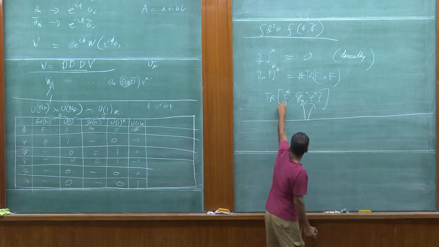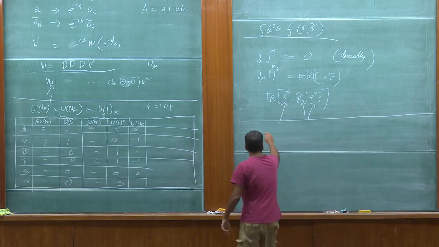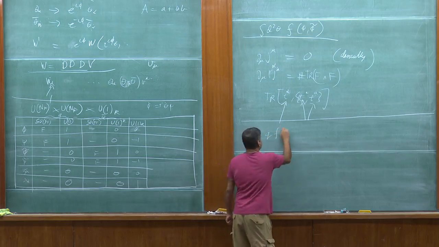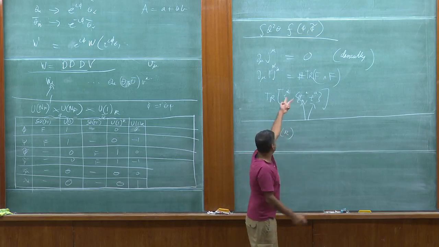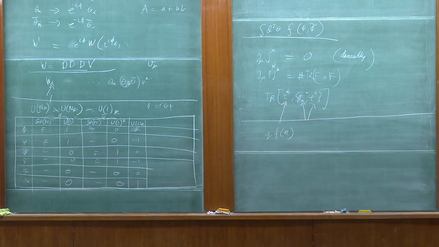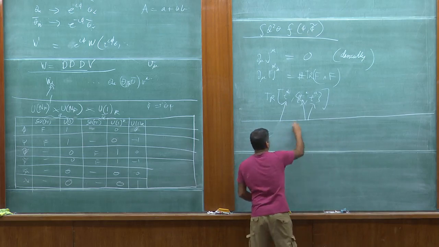And this guy is just a charge. Okay? So we get Q times some function of representation that one can just compute. This trace of TA. It depends on which representation we're working. Is this clear?